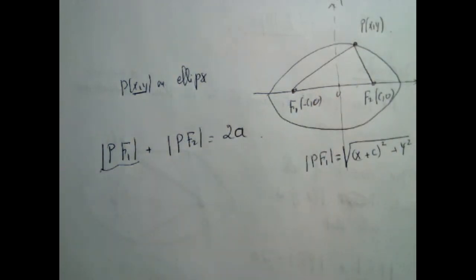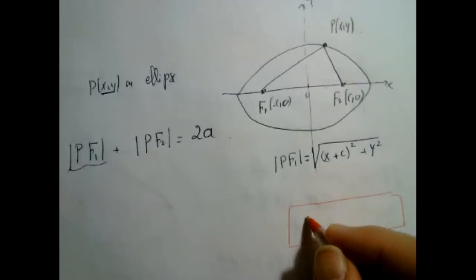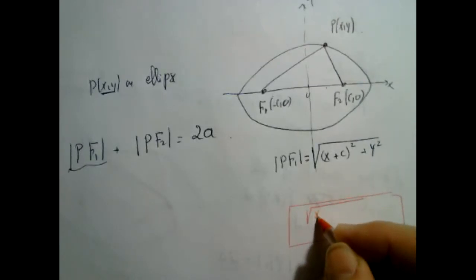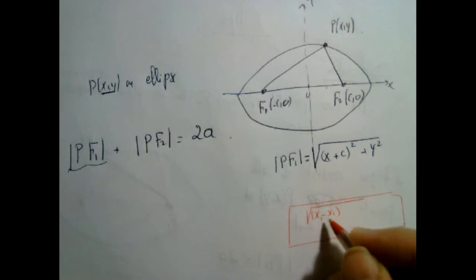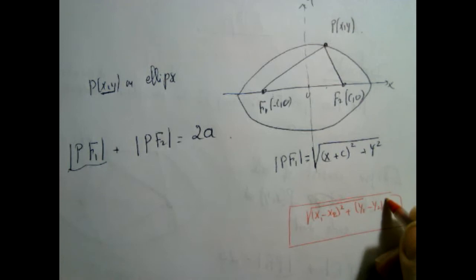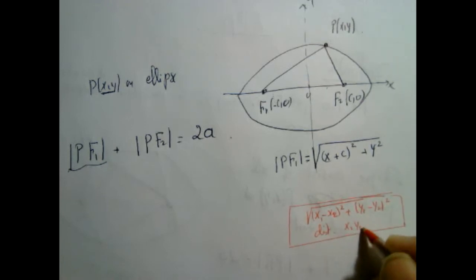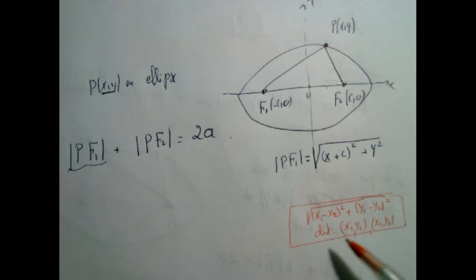I'm using the distance formula, which I remind you of from back in high school. The distance between two points x1, y1 and x2, y2 is the square root of x1 minus x2 squared plus y1 minus y2 squared. So in general, the distance between two points is the square root of the change in x squared plus the change in y squared.